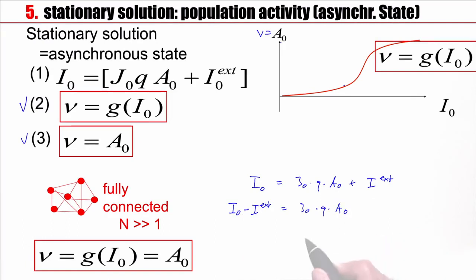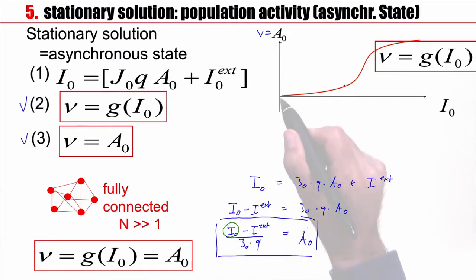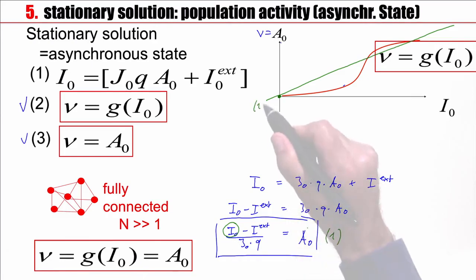It is J0 Q A0, or A0 is I0 minus I external divided by J0 Q. Now here I have A0 as a function of I0. It's linear in I0, and if for the moment I have no external current, then it goes through the origin. So what we find is there's a line, and A0 is a linear function of I0. That's the green function. This is the result of equation 1.